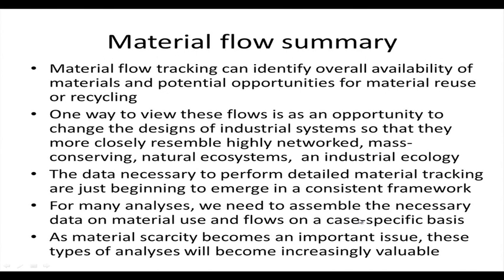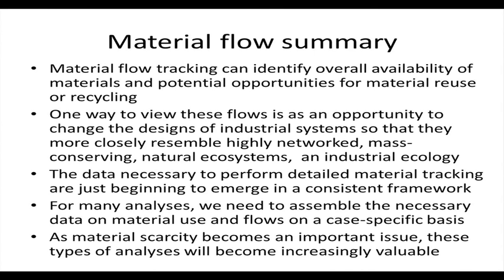So to summarize, material flow tracking can identify the overall availability of the material, and also potential opportunities. One way of looking at this is to change the design of industrial systems so that they more closely resemble highly networked, mass-conserving natural systems, like how a natural ecosystem works, in industrial ecology.